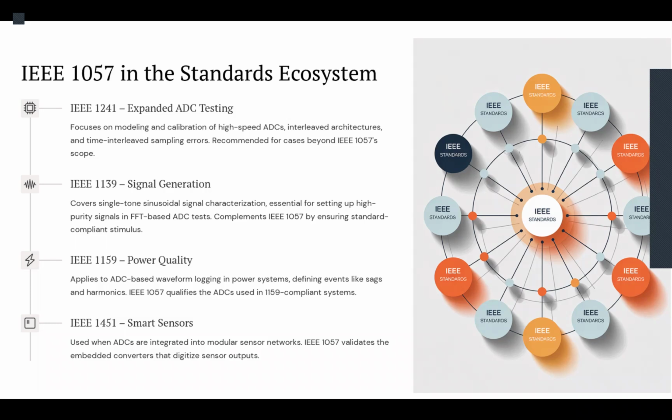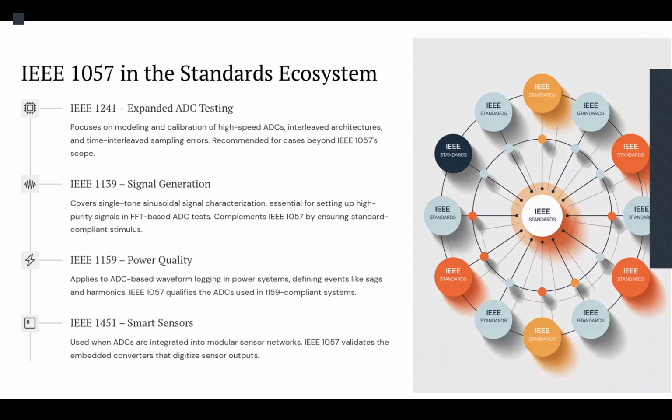When we talk about dynamic tests and FFT-based tests, this is very important to ensure standard compliance. IEEE 1159 is another standard in the ecosystem of ADC testing, which refers to power quality. It applies to ADC-based waveform logging and defines events like sags and harmonics in the power system.